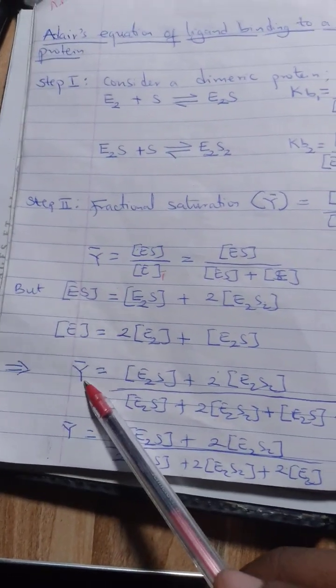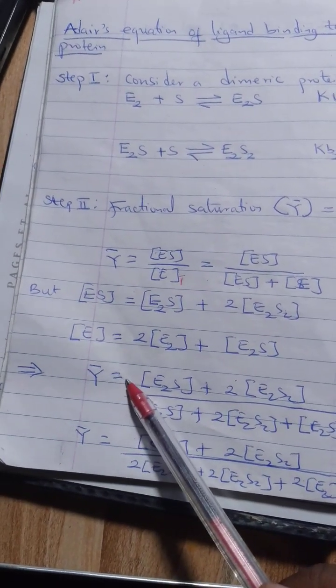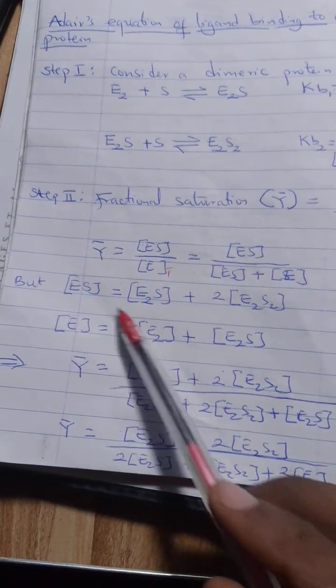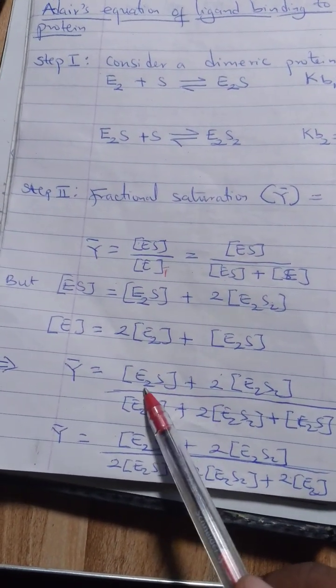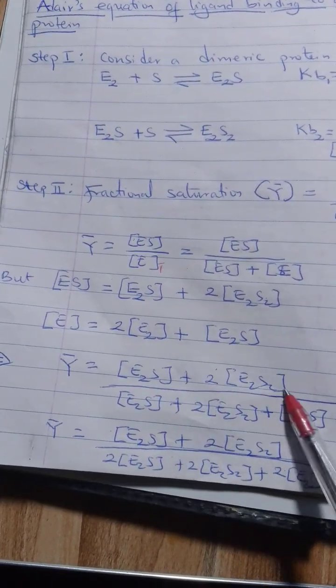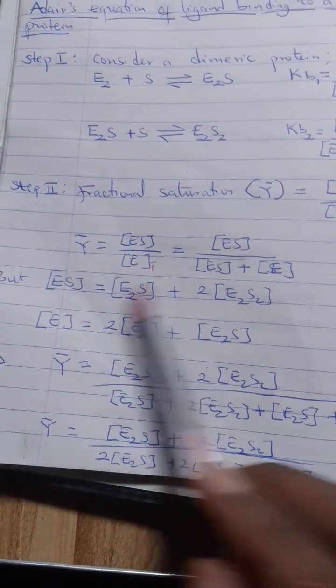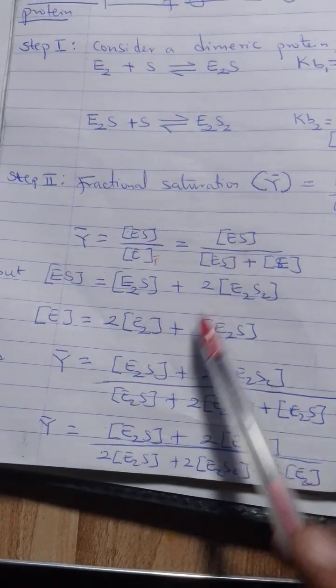So now this is fractional saturation. Instead of putting the enzyme bound, we now have a new value for it, which is this. So instead of the enzyme bound, we put the whole of this, E2S plus this. Because the whole of this represents enzyme bound all over total enzyme again, but for the enzyme bound we have a new value.